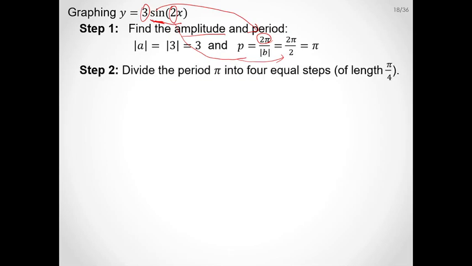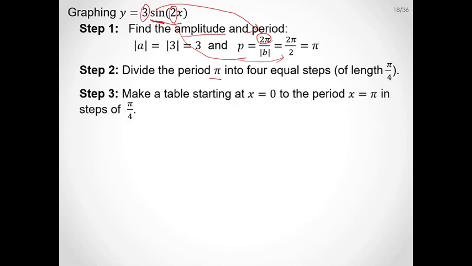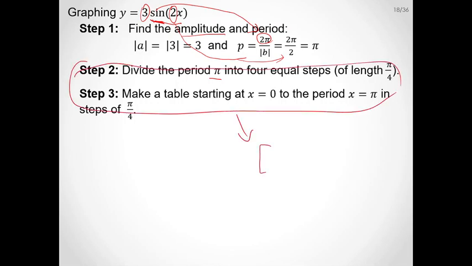Then next, you divide the period into 4 steps, like pi over 4, and make a table by starting from 0 to pi by using pi over 4. So you start with 0 and you end at pi, and now you're trying to find the 3 extra points here.